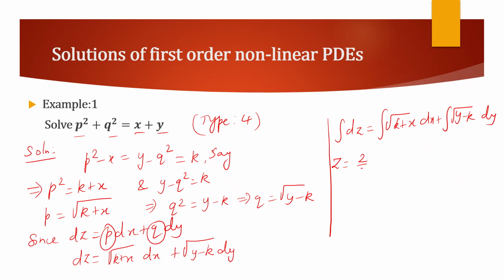So that is 2 by 3 into k plus x the whole power 3 by 2, plus 2 by 3 into y minus k the whole power 3 by 2, plus some constant c. So here this involves only two arbitrary constants. The constants are k and c. So this is considered our complete solution.